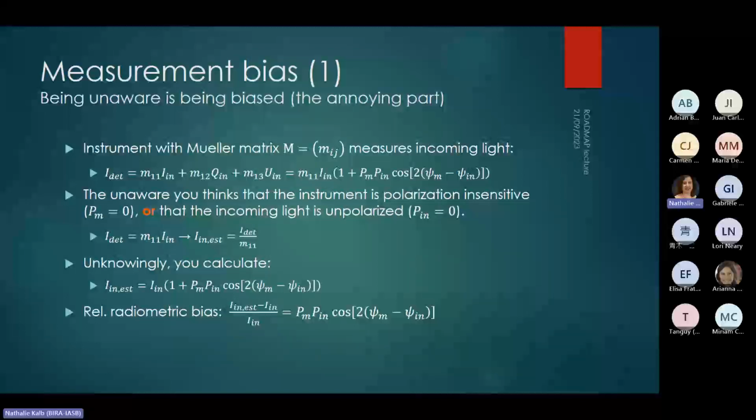However, in reality, you calculate this thing divided by M11, and you get this. From this, you get a relative radiometric bias that is written here. It is proportional to the sensitivity of the instrument. It is proportional to the degree of polarization of the incoming light.